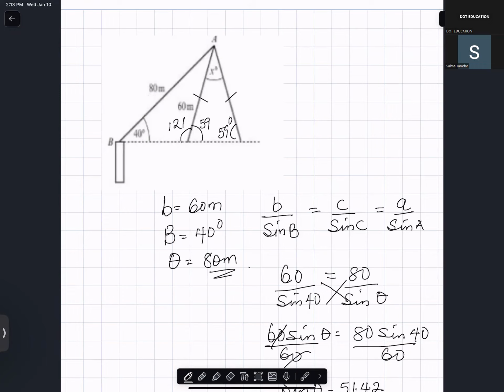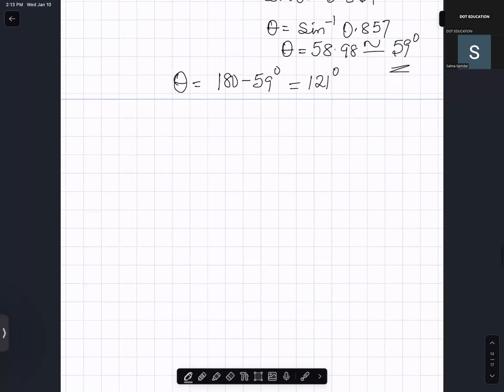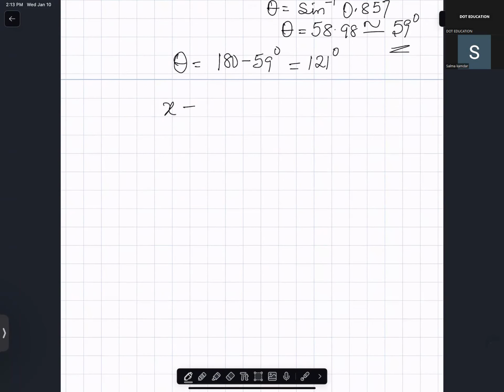So we have a triangle here, and the sum of angles in a triangle is 180 degrees. So how do I have x? So I have x plus 59 plus 59, that's 118, equals 180 degrees.